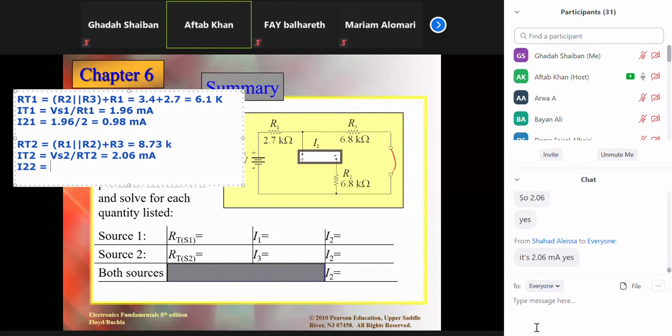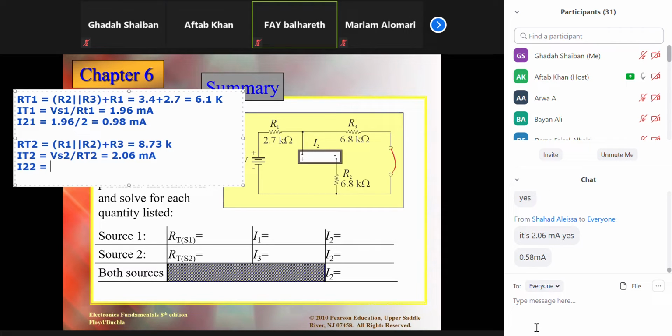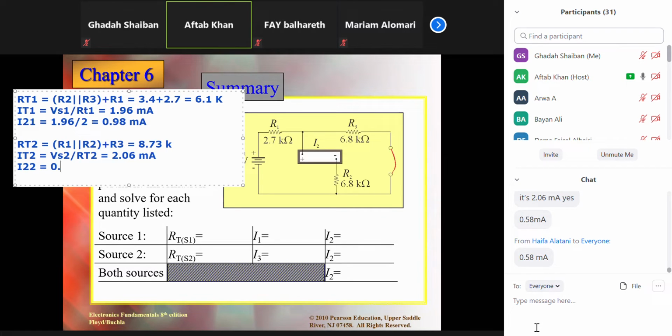Okay. Now we need to apply the current divider here. So current divider, R1 over R1 plus R2 multiplied by the total current. Calculate this one. Okay, 0.58 milliampere. Now you can see this current is flowing up to down, and another one is also up to down.